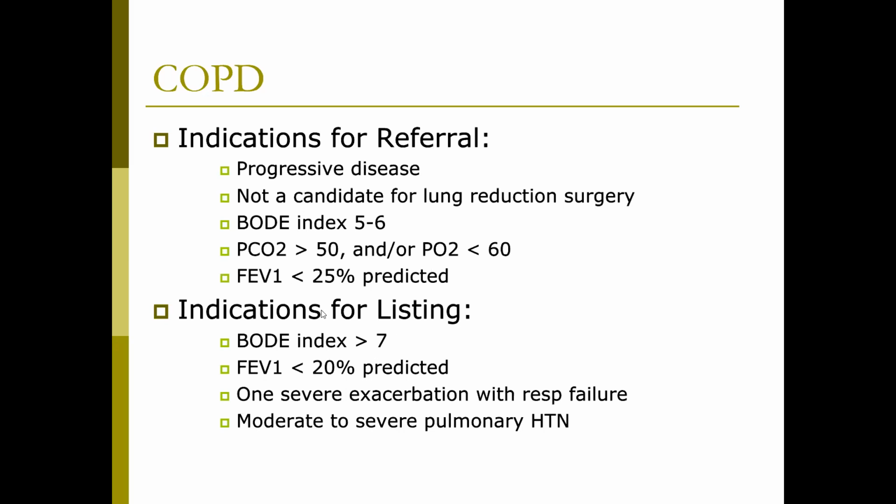So indications for listing here will be BODE index greater than 7, FEV1 less than predicted, one severe exacerbation with respiratory failure, or significant pulmonary hypertension. So compare and contrast IPF with COPD: a lot sicker COPD patients are getting transplanted, and IPF patients are being transplanted at an earlier stage of their disease.